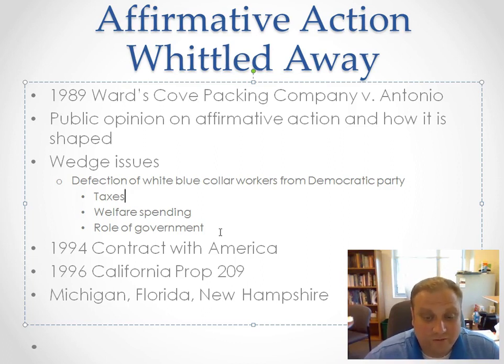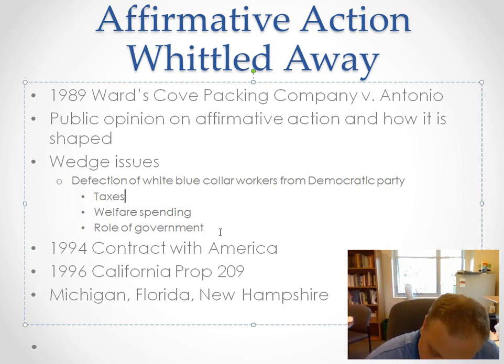You also have, by 1994, a Contract with America, which further shows more support for the Republican Party being ascended and further scaling back on affirmative action. And by 1996, you have California Proposition 209, where it passes by a margin of 54% to 46%, and it banned the use of race and sex in college admissions, contracting and public employment.